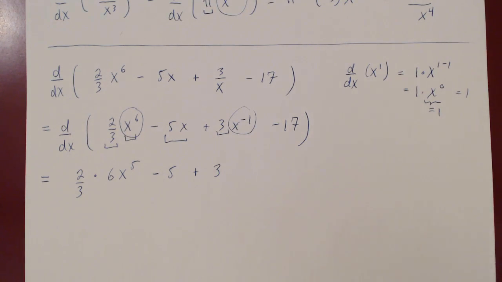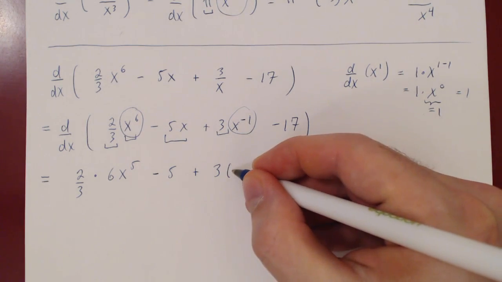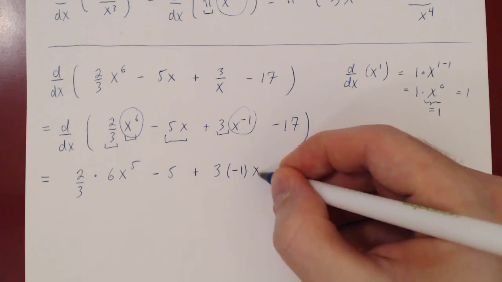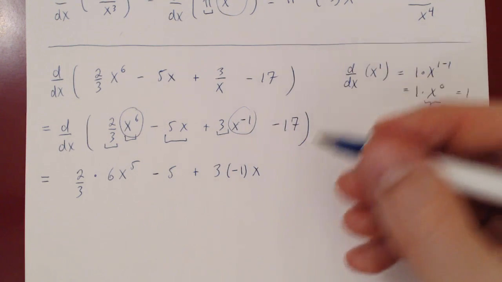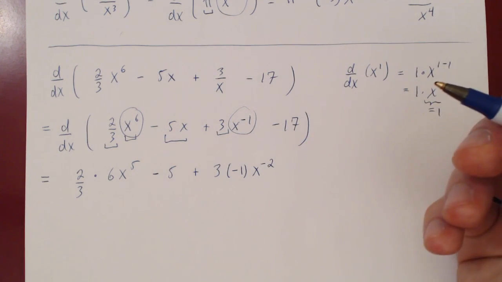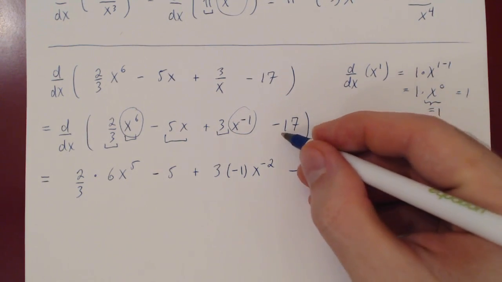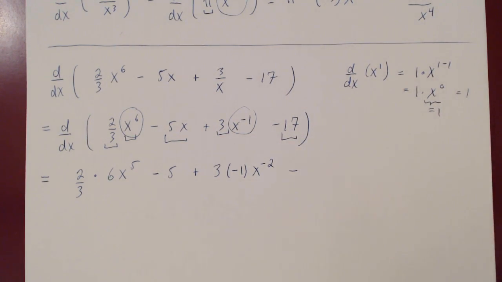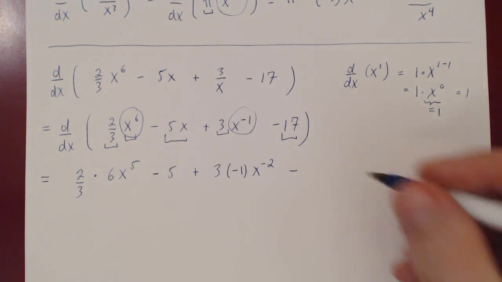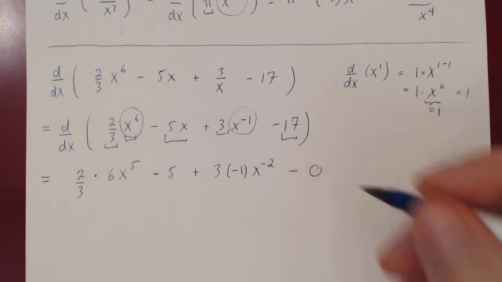Once again, we use the power rule. Times, we bring the power down, negative 1, x to the negative 1 minus 1, negative 2. And finally, minus the derivative of 17. 17 is a constant, so it's just a horizontal line. The slope is 0, hence the derivative is 0.